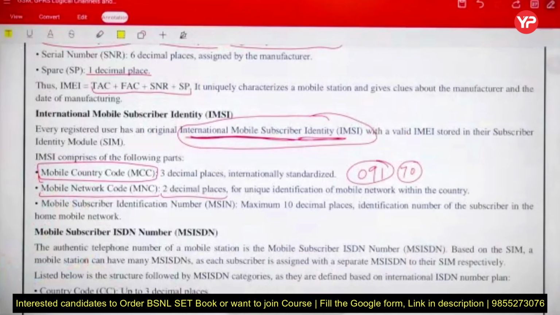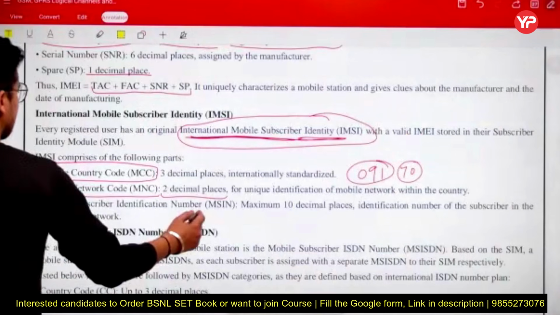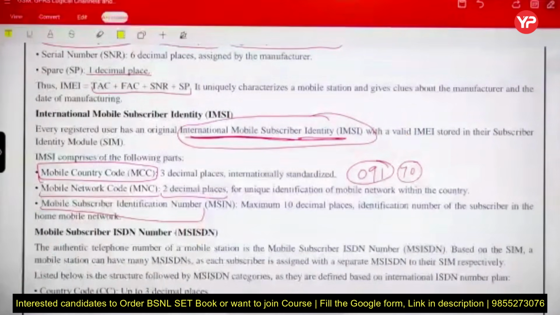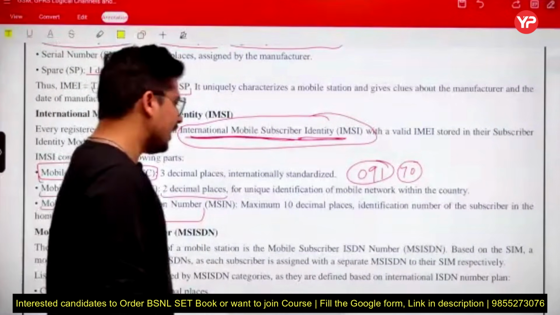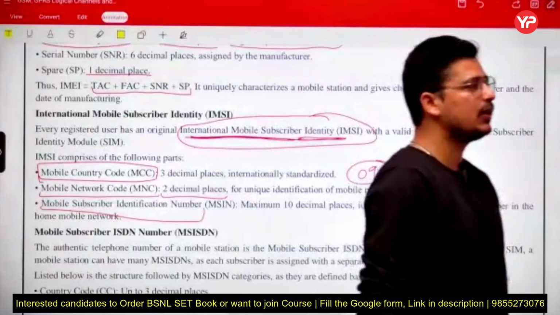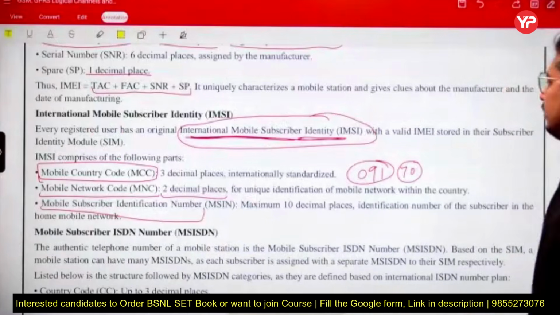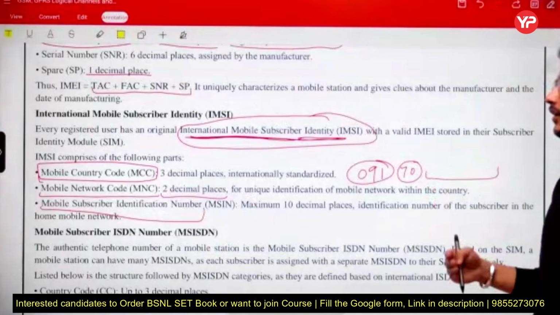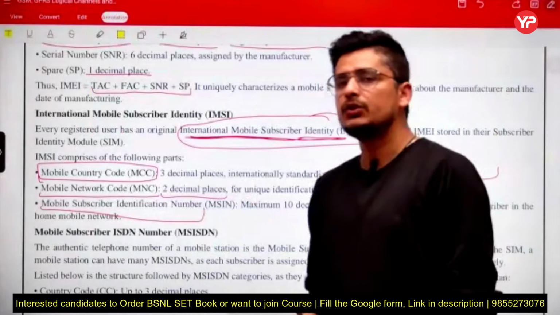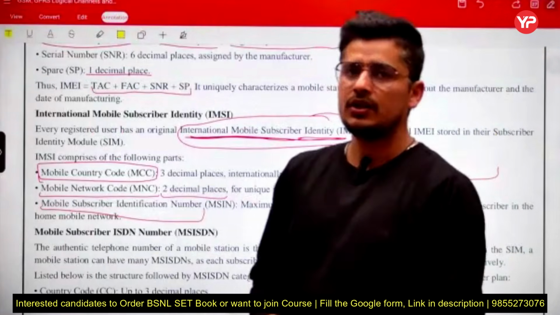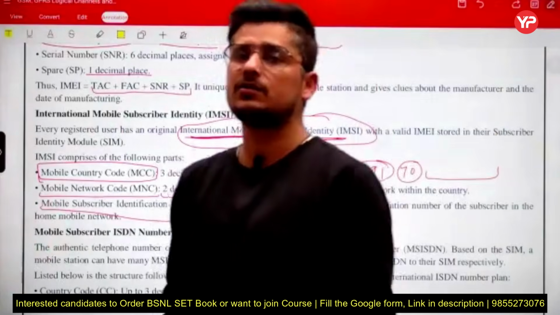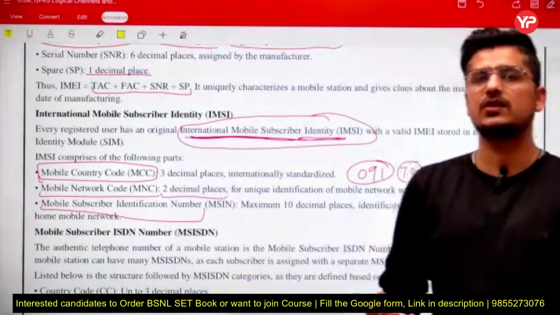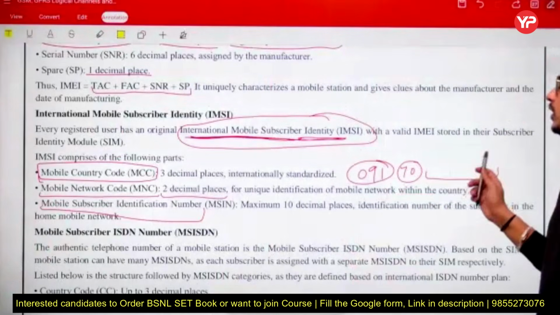After that we have the mobile subscriber identification number. That is a maximum of 10 places. Currently we are using 8 places, but if it is required in future, the government can increase that number, because as users increase, this length should increase.